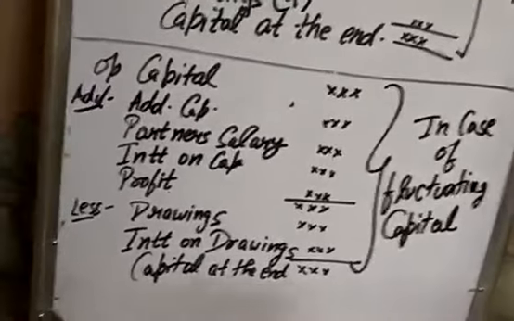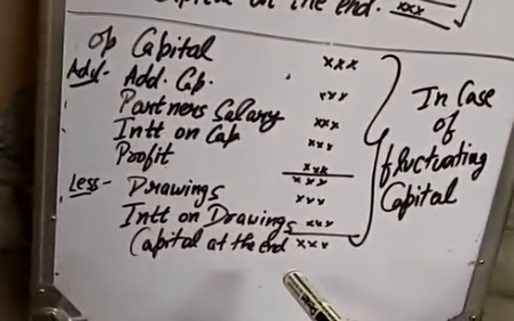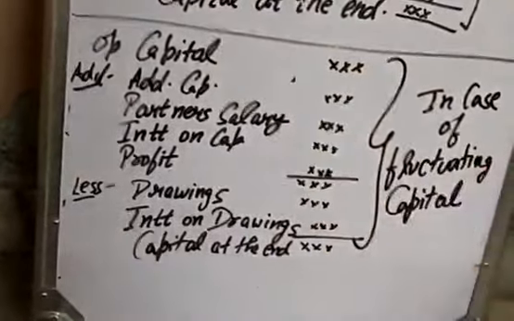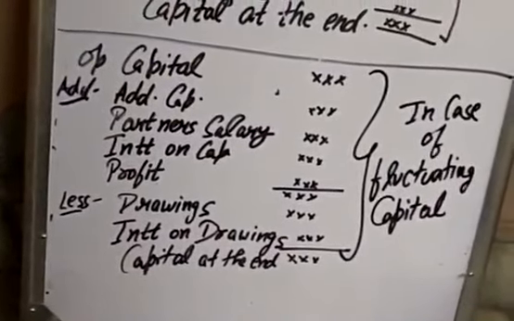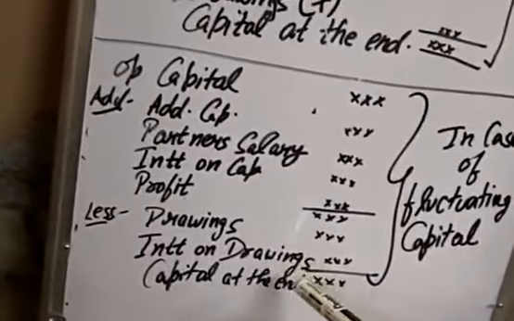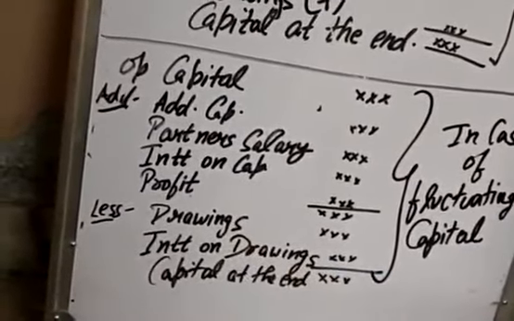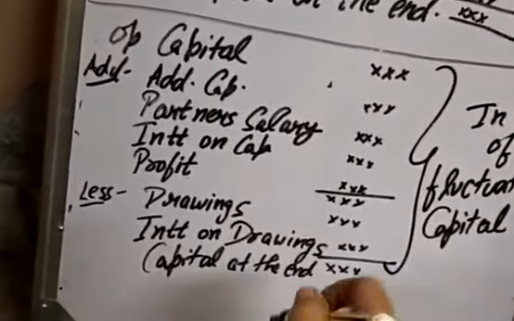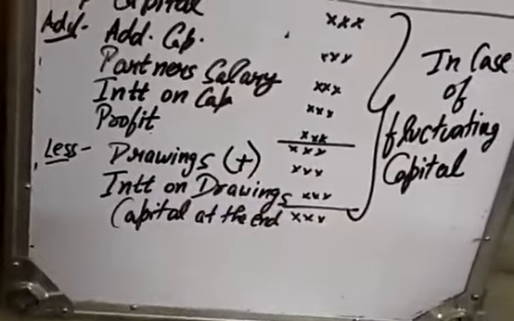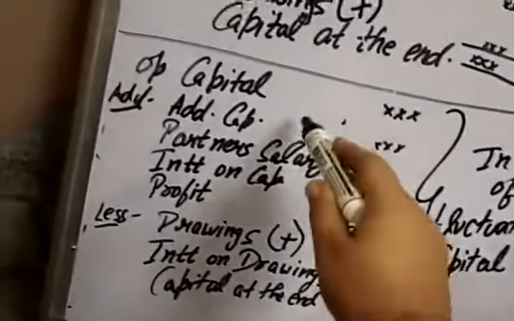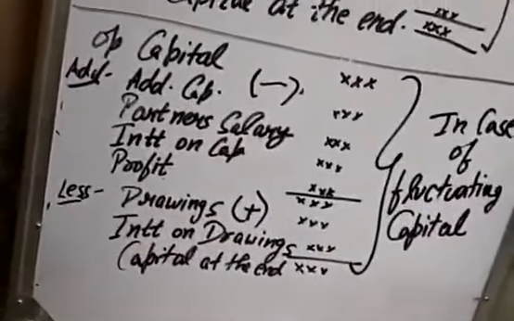Then in the same question, if we are provided with capital at the end and they have not provided us opening capital, but we have to calculate interest on capital on opening capital, what will we do? We will start reversing the things. We will add drawings and interest on drawings, and we will deduct additional capital, partners' salary, interest on capital, and any share of profit.